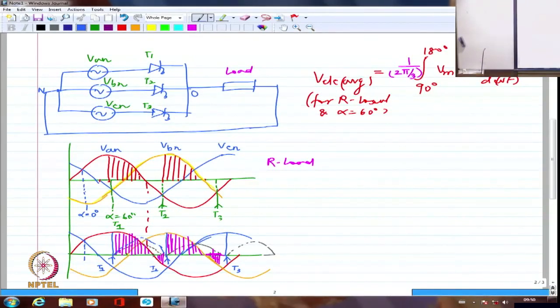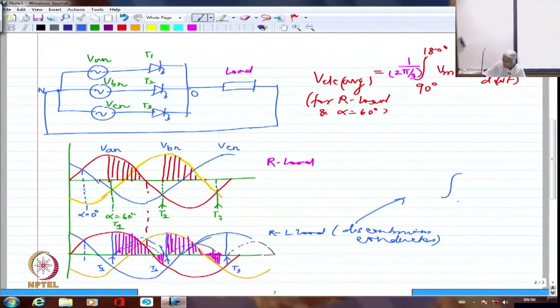So if I say this is for RL load, I can have discontinuous conduction, in which case my output voltage will be whatever is my alpha to beta. I have to integrate between alpha to beta.